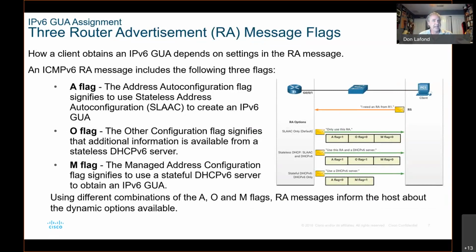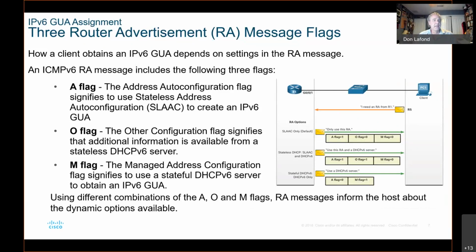The A flag indicates the address autoconfiguration, signifying to use stateless address autoconfiguration, SLAAC, to create an IPv6 address. Basically, everything is automatic. A is automatic, autoconfiguration, whatever you want to remember it. But that's the A flag.